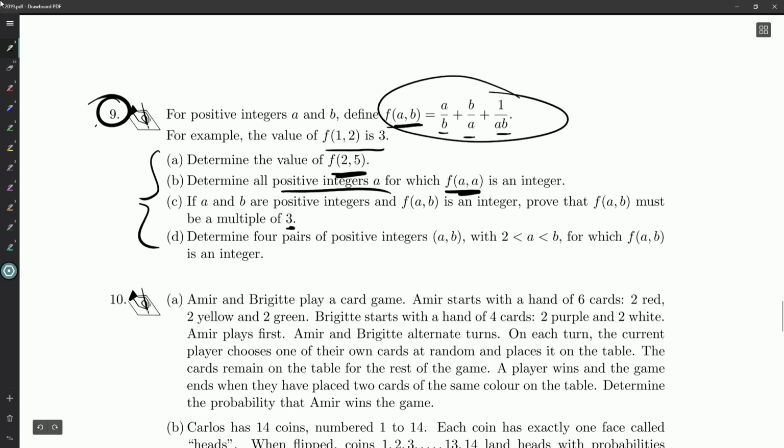C part, if a and b are positive integers and f of a, b is an integer, prove that f of a, b must be a multiple of 3. Okay. So we know f of a, b is a squared plus b squared plus 1 all over ab.